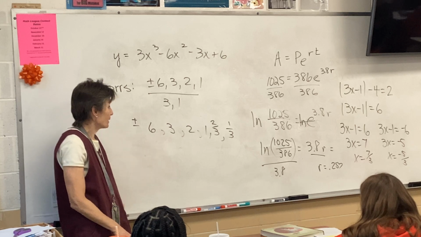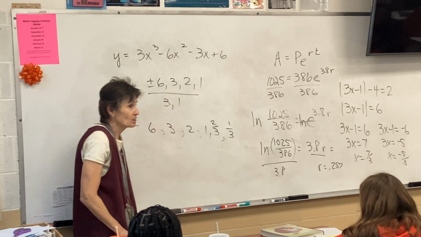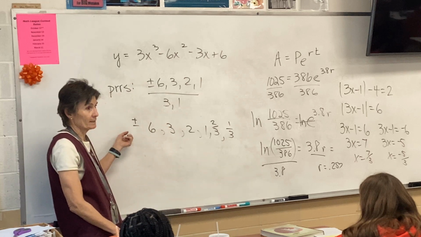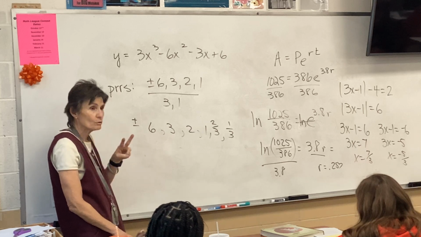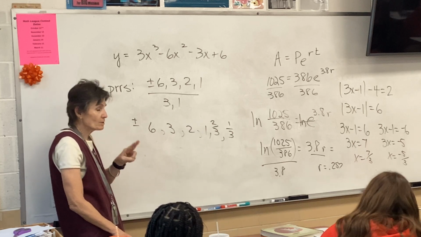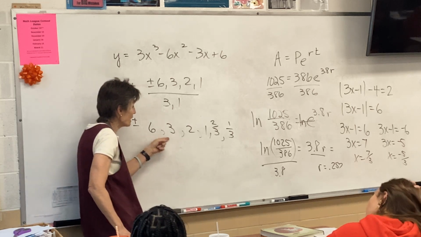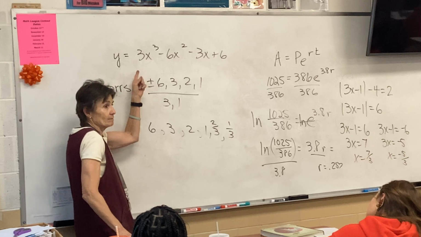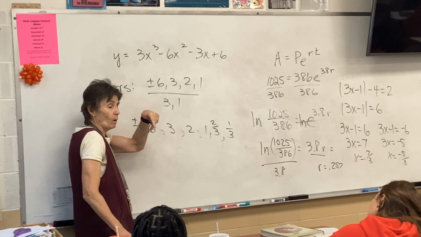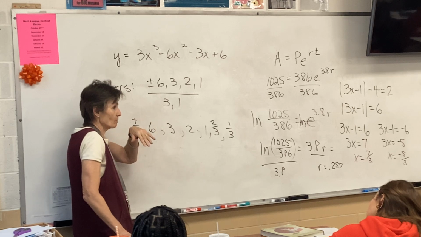Okay. Now, it says, find the actual roots. These are the possibilities. So to find the actual ones, you have two choices. One choice that will always work is take a number from this list and divide it. And what do you want to have happen? You want to get a zero.